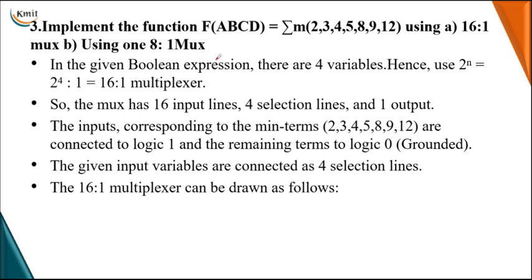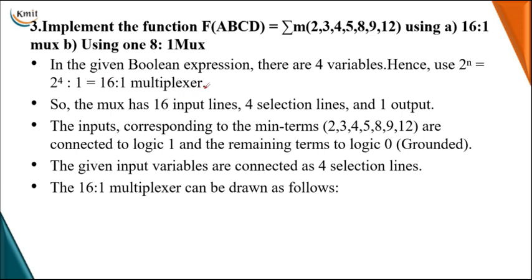Now S3, S2, S1, S0 are being connected with A, B, C, D. So the most significant bit variable A is connected with S3, B is connected with S2, C is connected with S1, and D is connected with S0.